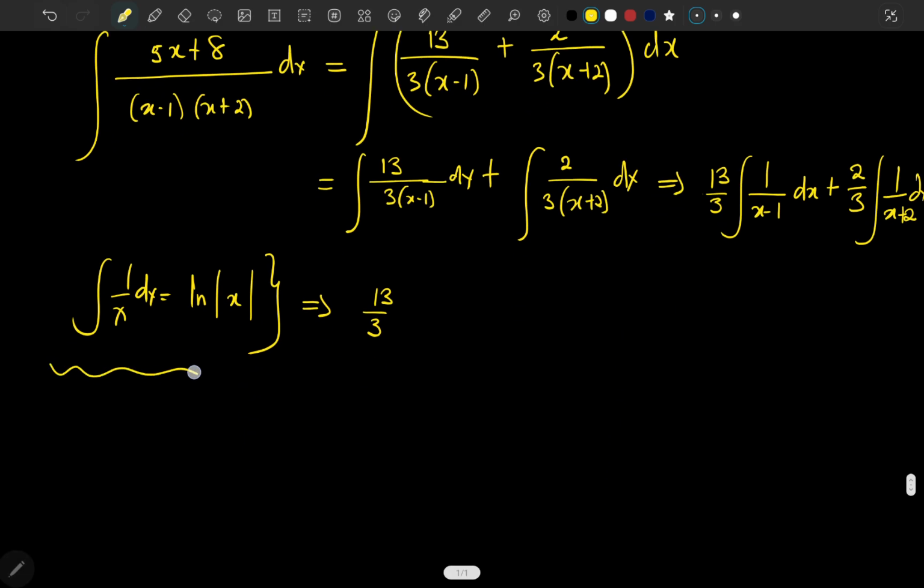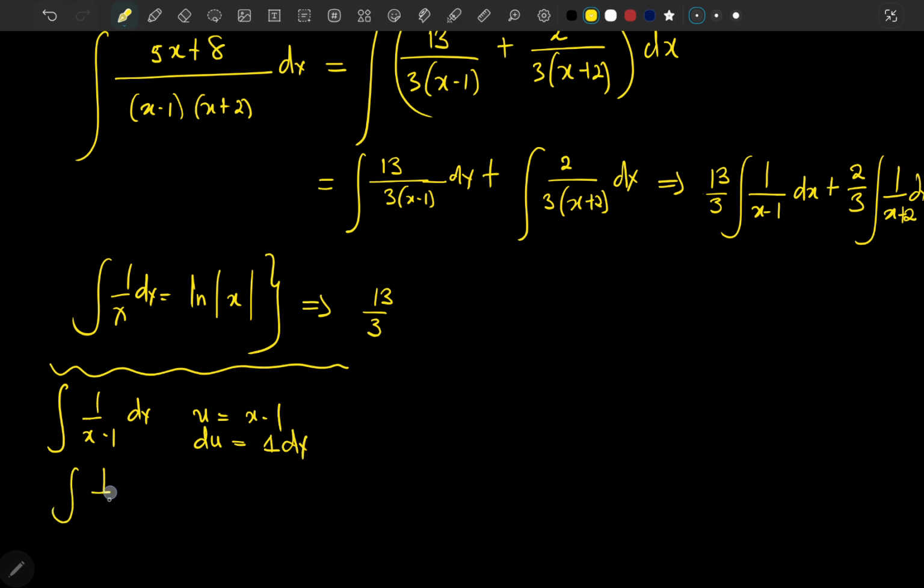For those who don't know what substitution does, I'll let u be equal to the denominator. Then I differentiate that with respect to x, so you see that du is just dx. Meaning I'm going to have 1 over u, and dx is just du.